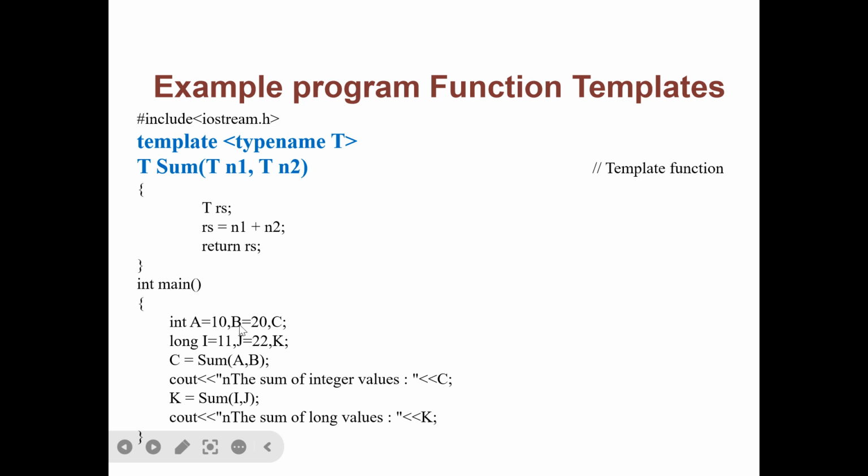Here a and b are integers and i and j are of data type long. This way you only need one function template sum that works for both int and long data types, showing the flexibility and reusability of templates in C++.